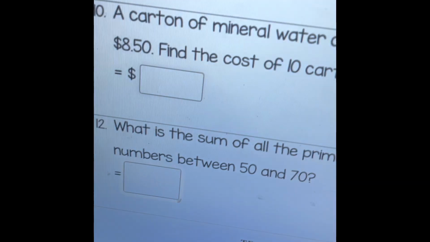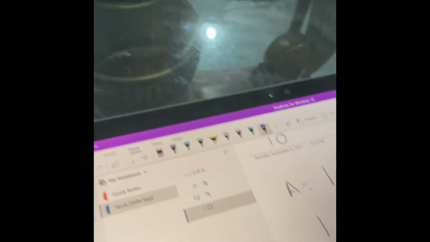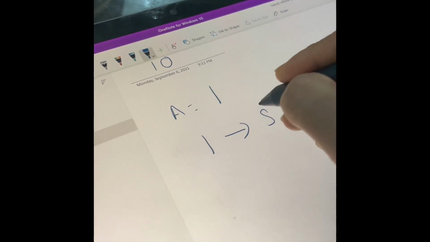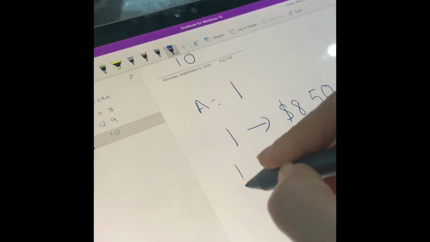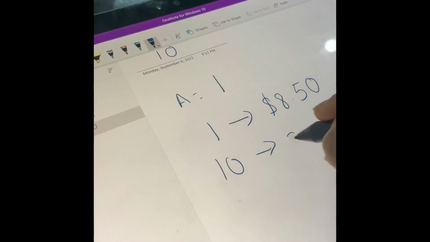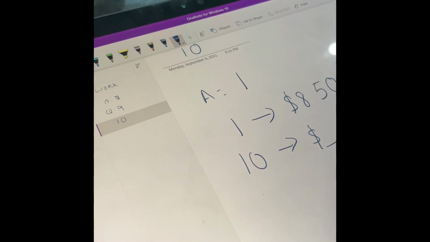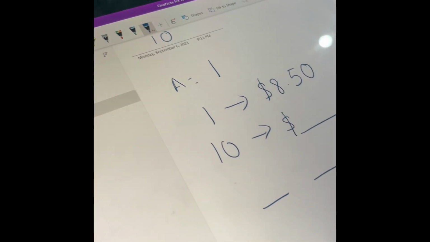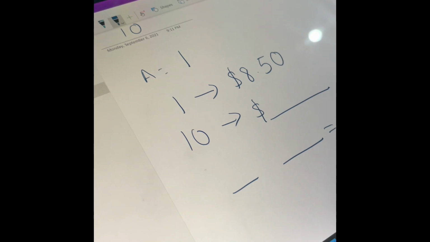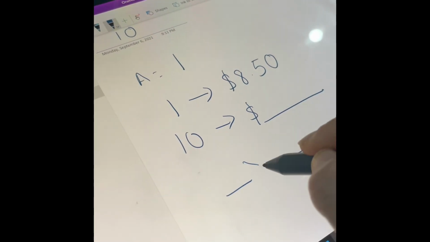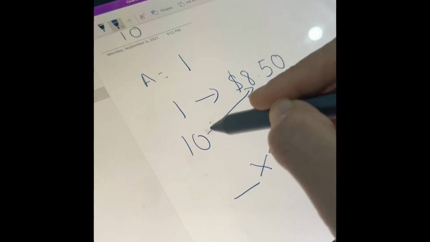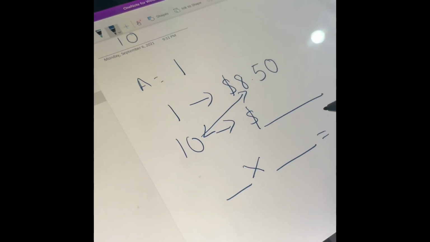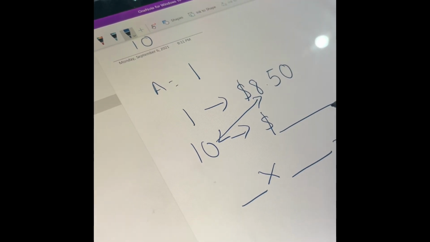So, a carton means one carton is sold for $8.50. If 10 cartons, how many dollars? So, what are you going to do? To find the total, you usually multiply, right? So, you multiply 10 times $8.50. Then you can get the answer for that.